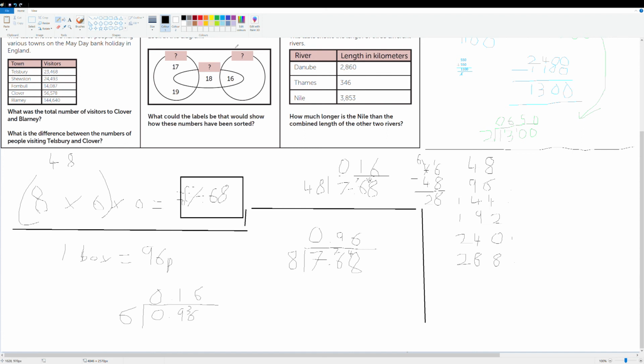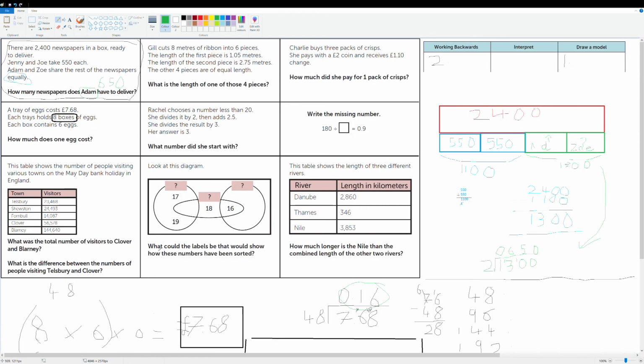Got the answer here, and we've got the answer here. That one egg is 16p. Or if you prefer, £0.16. And of course that's how you might see it written down in the shops.